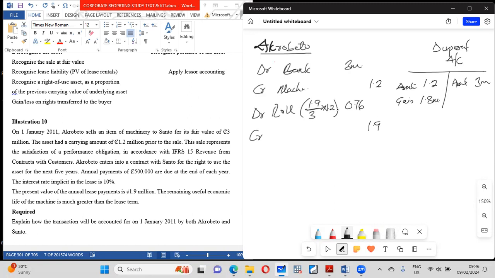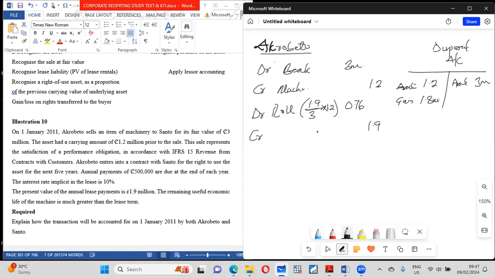So this is what is going to happen at that date where we did the selling and we also leased back. The same initial measurement. So it makes us know that the difference of the gain or loss is going to be affected. We had a gain.